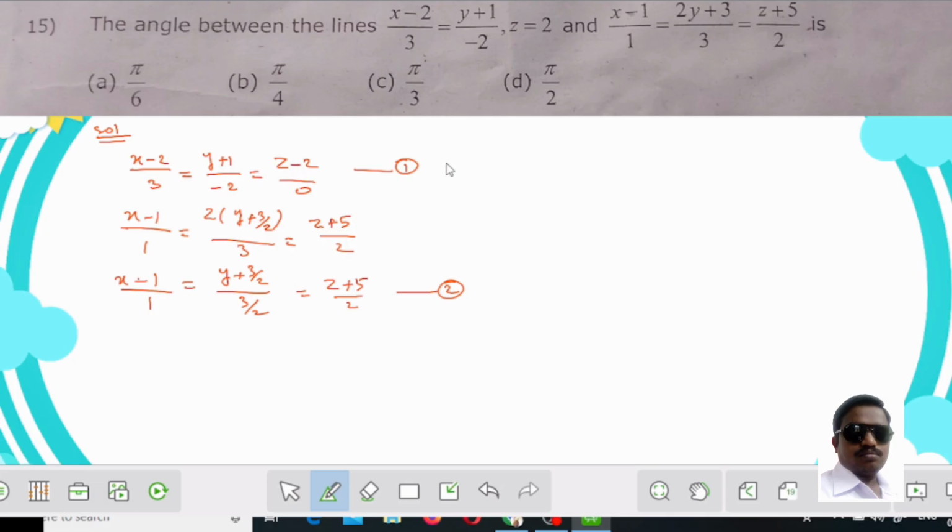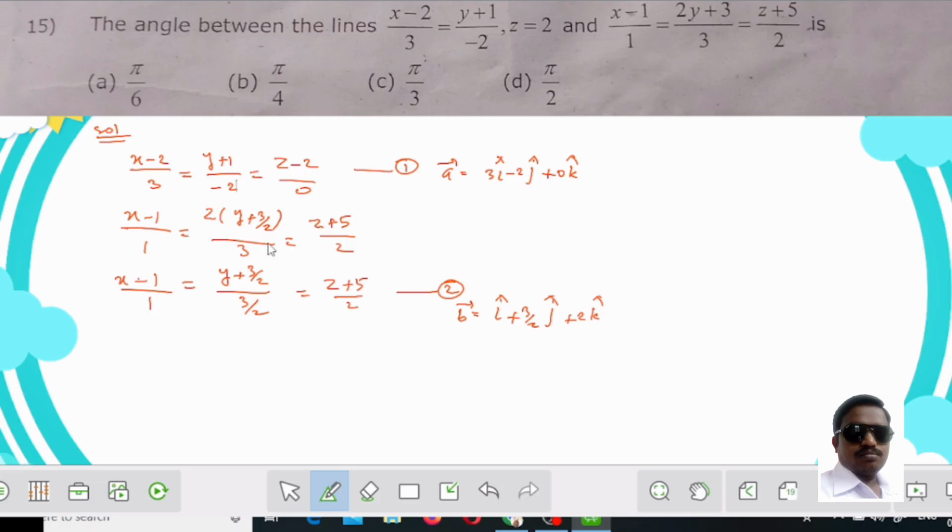From the straight line, we can write the parallel vector a vector equal to 3 i cap minus 2 j cap plus 0 k cap. This is a parallel vector to the first straight line. The second parallel vector, you may take as b vector, equal to 1 i cap plus 3 by 2 j cap plus 2 k cap.